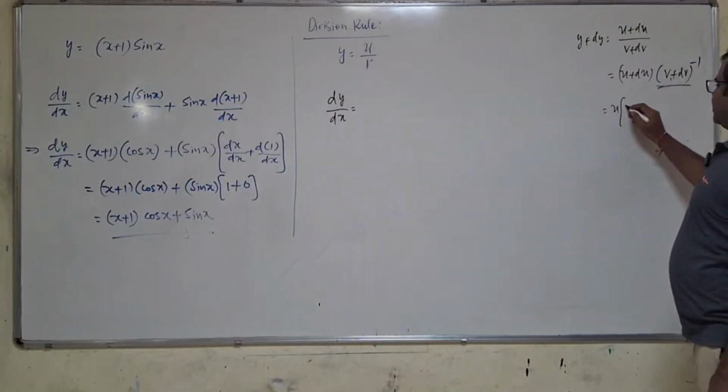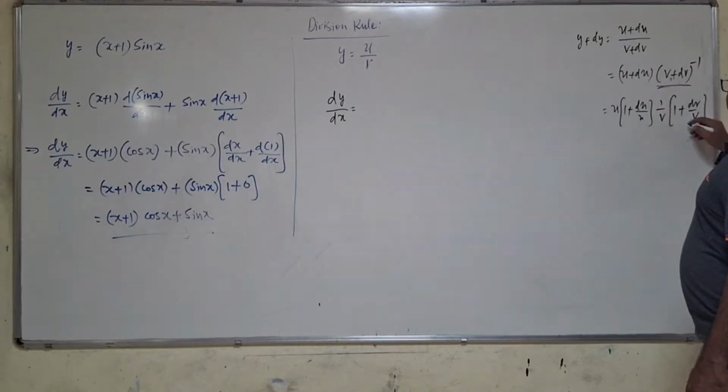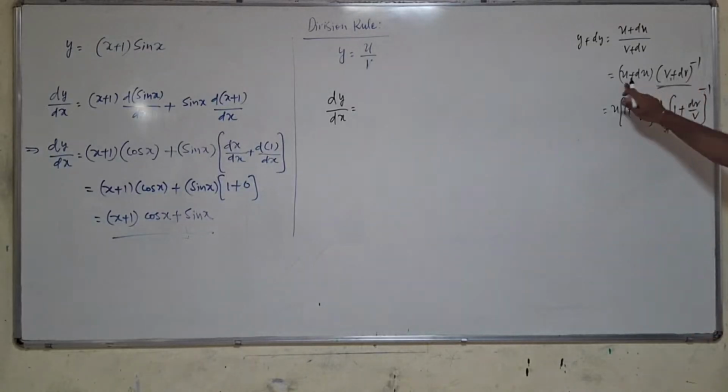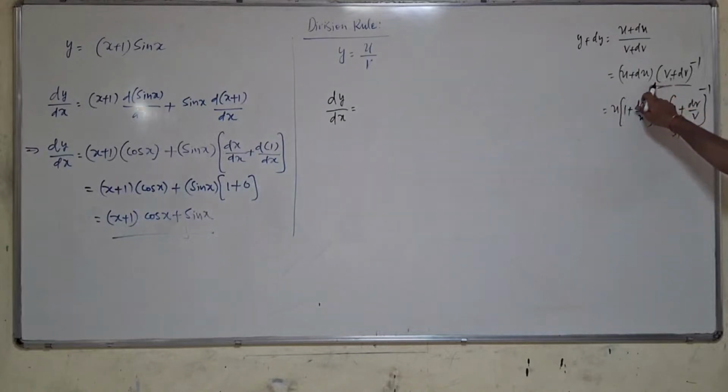Look, this can be written as u into 1 plus du by u, and this can be written as 1 by v into 1 plus dv by v whole power minus 1. What did I do? I took u out here, common. Here I took v out, common. Now write the binomial approximation for this and multiply, simplify. You will get it.